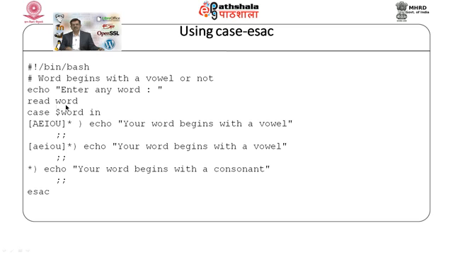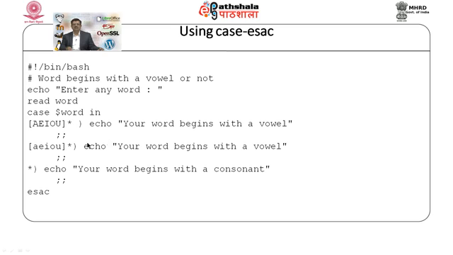Then further I am checking whether the word begins with a vowel or not. So, you can see the pattern, it is in square bracket, means I will check for a single character A, E, I, O, U and star. So, if I have entered India, I is capital, then it will meet this condition and it will display that the word begins with a vowel.